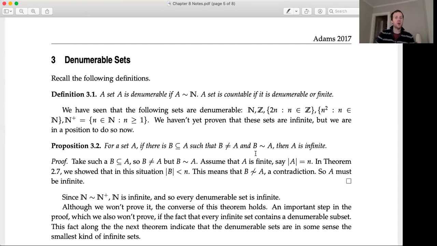But having talked about finite sets, if you are finite, you have some size. And one of the facts that is established in the section on finite sets is if you have a finite set, a subset of it is also finite, and if it's not the whole thing, it's actually smaller.